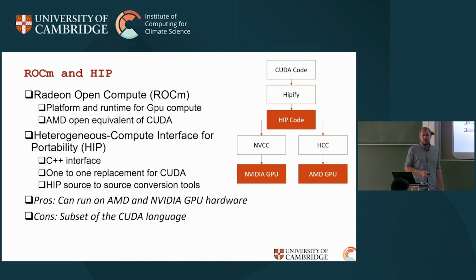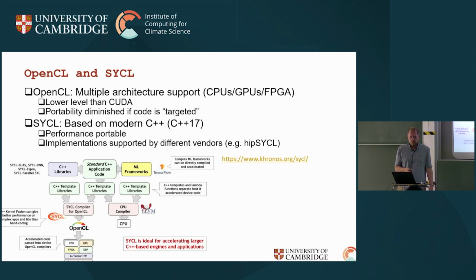In fact, if you were to write something in CUDA, you could very easily port it to ROCm by just mapping the API calls over to a slightly different name. And it tends to be that ROCm implements a subset of CUDA because it has to obviously be runnable on all of the different devices, so you miss out on perhaps some of the cutting edge features, but it has that benefit of being more portable.